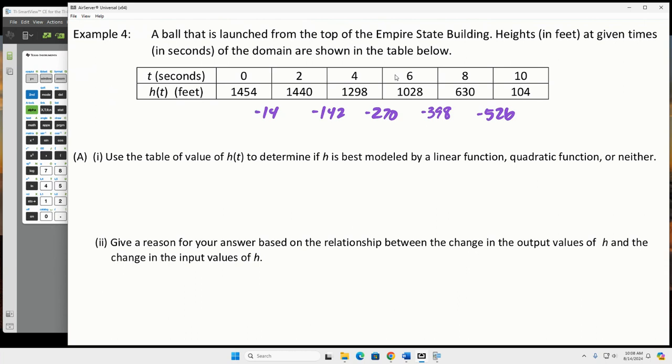All right, so this is definitely not linear, and you probably already knew that because you know that objects don't fall at the same rate because of gravity. So we're not linear, so let's subtract again and see if this is quadratic.